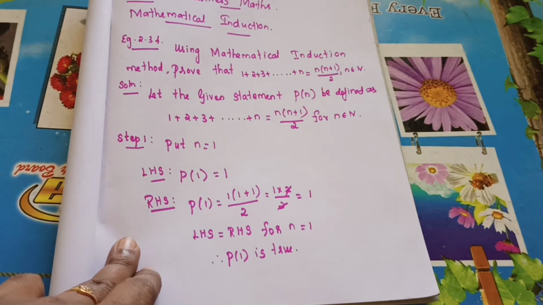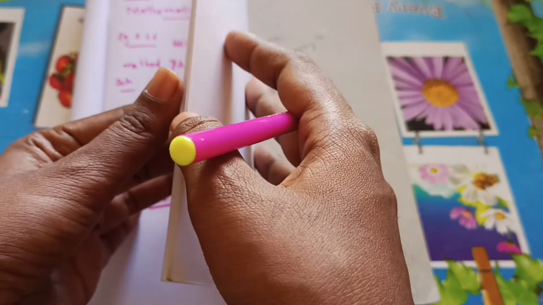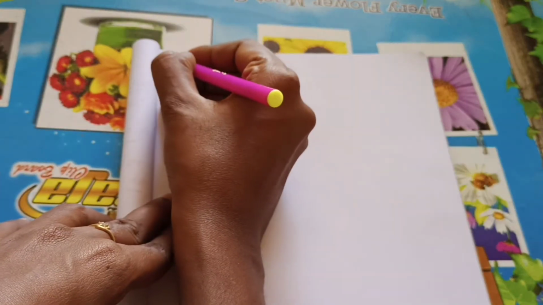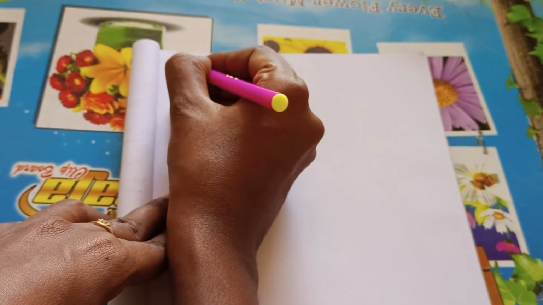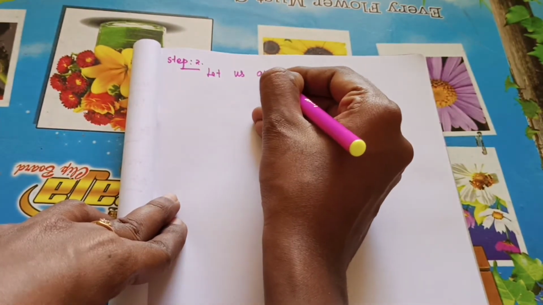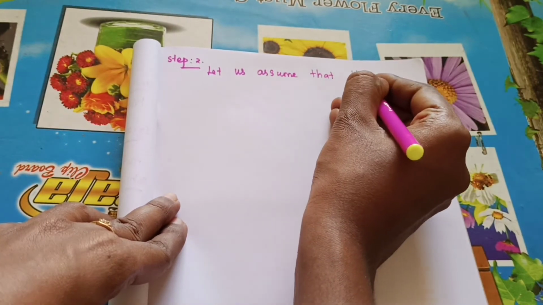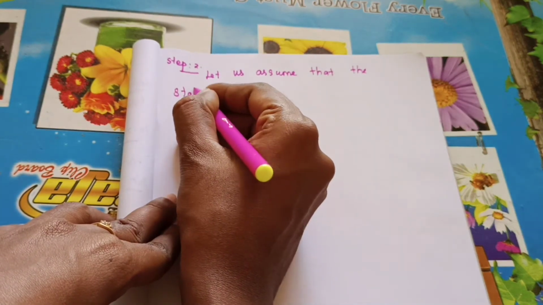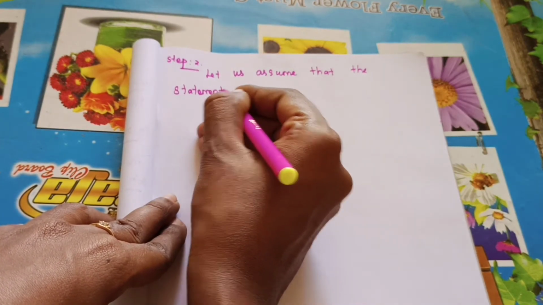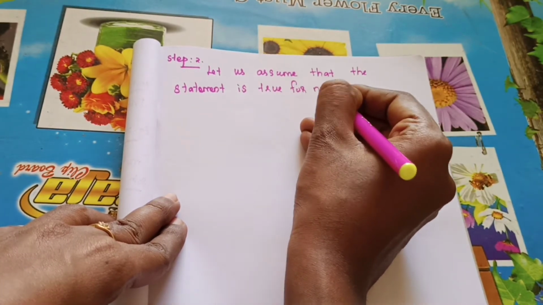Next step, what will you do? In the place of n, we are going to substitute k. Okay, and step 2. Step 2, that is, assume that the statement is true for n equal to k.